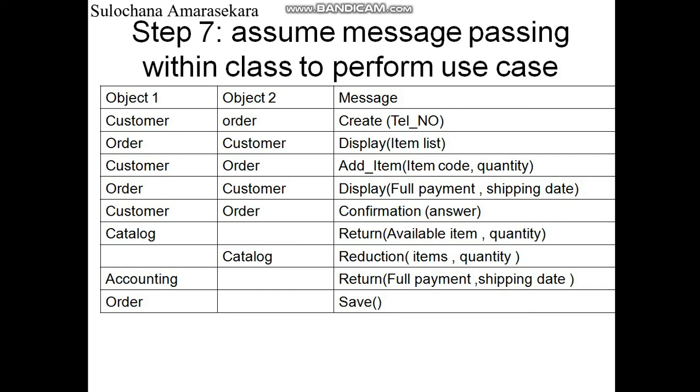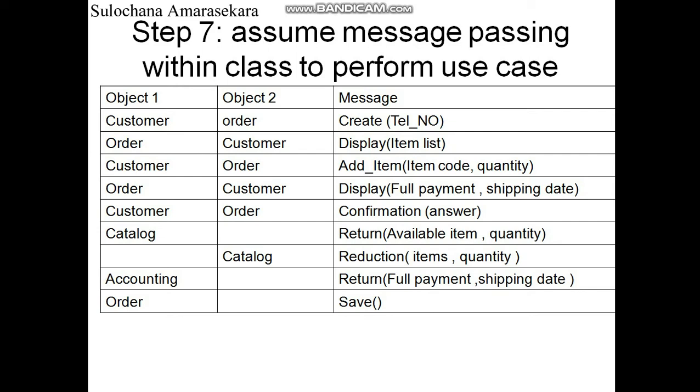In the previous step, we identified all the clearly mentioned messages, but you can see there are some empty slots as well as some missing actions which are needed to perform the ordering item task. Under step 7, we are going to assume those empty slots and missing actions.